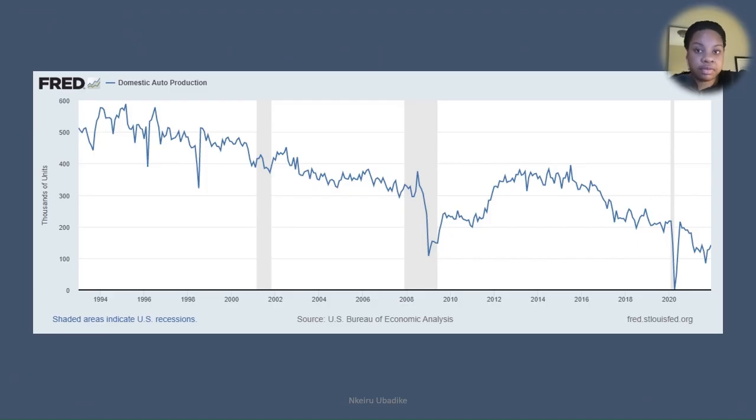So particle accelerators are important to the semiconductor manufacturing process, and semiconductors are really important to our economy as a whole. On the screen here, I have a graph of auto production in the US, and I just want to bring your attention to this region here around the time of the pandemic.